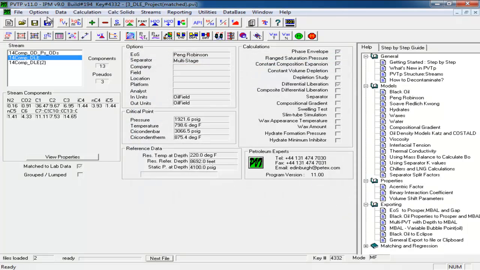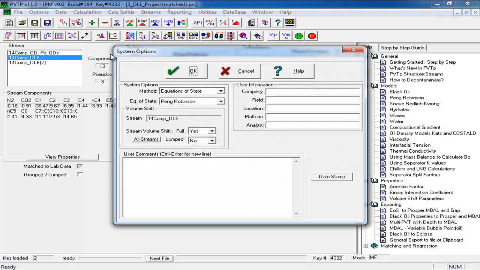So when we work in the software, you will have two choices, either Peng-Robinson or Soave-Redlich-Kwong. I have mentioned just Peng-Robinson, but both of them are able to describe gases and liquids.